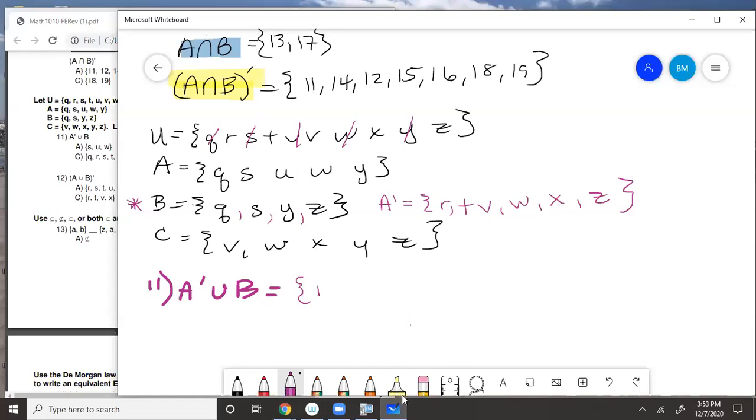So we have R, T, V, X, Z, and then add everything in B that we didn't already say: Q, S, and Y. Very good.